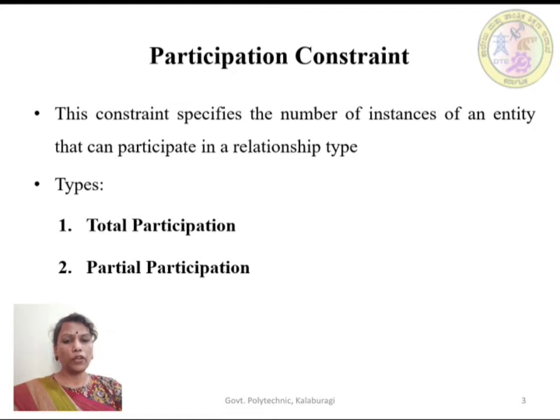Here, this participation constraint specifies whether all the instances of an entity type are participating in a relationship or only a partial, only a few instances of an entity type are participating. There are only two cases, whether all the entities are participating or only a few entities are participating. Okay, that is participation constraint.